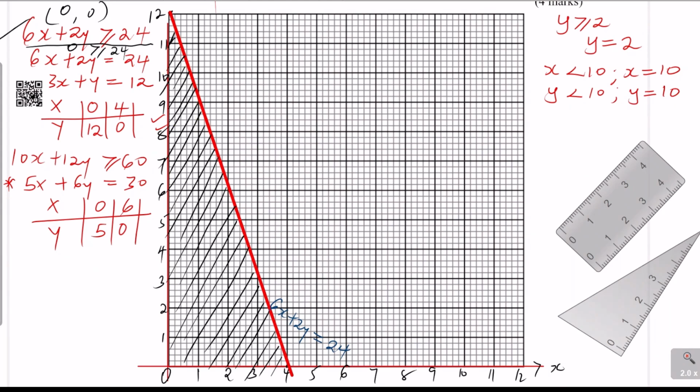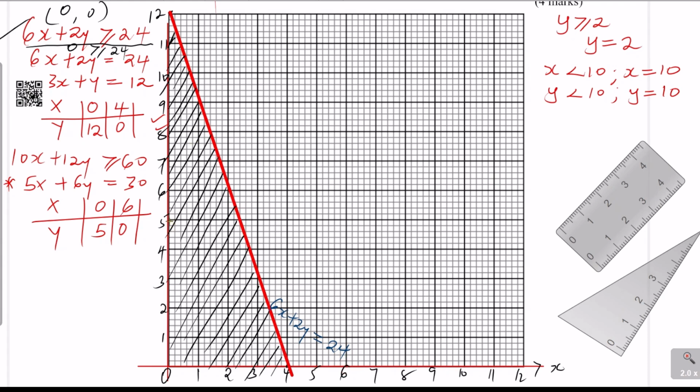We go to the next line. The next line is 10x plus 12y is greater than or equal to 60. So we draw this line: 0, 5 is here, and the other one is 6, 0, which is here. So these are the 2 points. We join those points using a straight line.